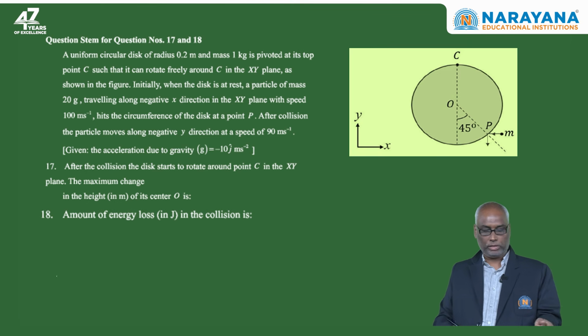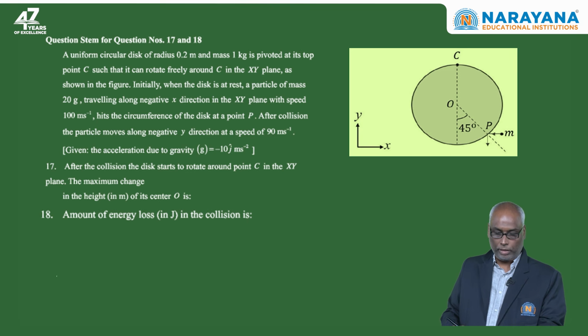A uniform circular disc of radius 0.2 meters and mass 1 kg is pivoted at its top point C such that it can rotate freely around C in the xy plane, as shown in the figure. Initially, when the disc is at rest, a particle of mass 20 gram traveling along the negative x direction in the xy plane with a speed of 100 meter per second hits the circumference of the disc at the point P. After collision, the particle moves along the y direction at a speed of 90 meter per second.